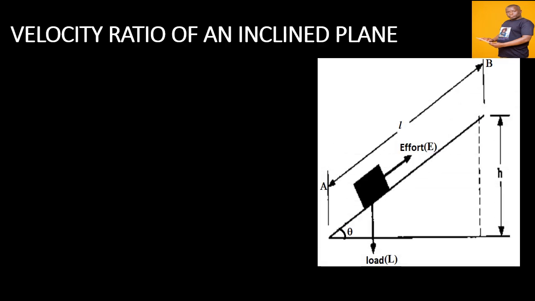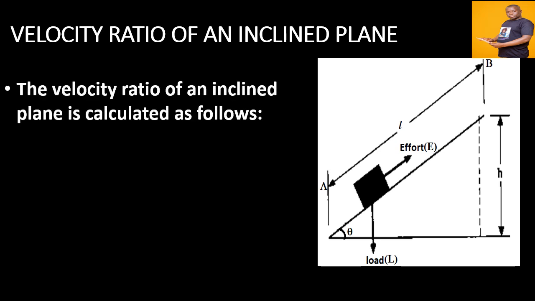All right, how do we calculate or work out the velocity ratio of an inclined plane? We've seen how we calculate velocity ratio of a lever, the velocity ratio of a pulley. What about the velocity ratio of an inclined plane?